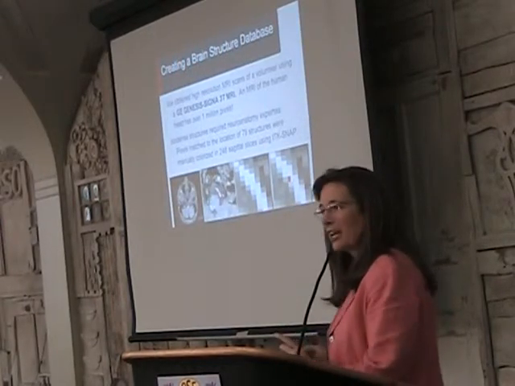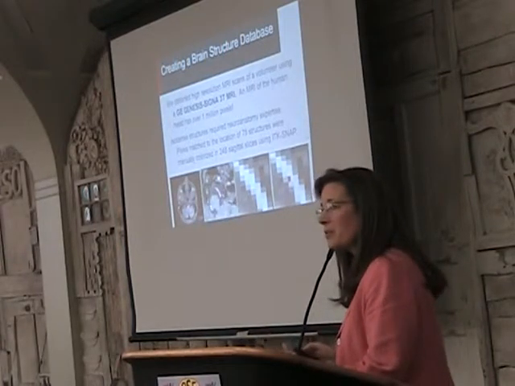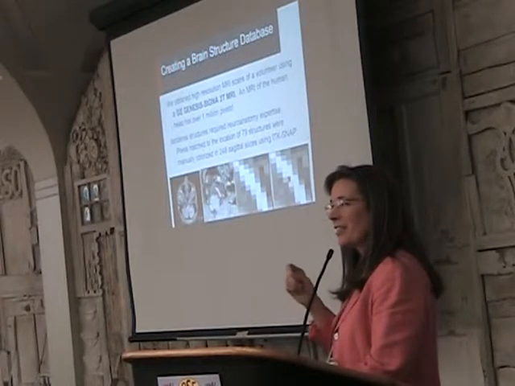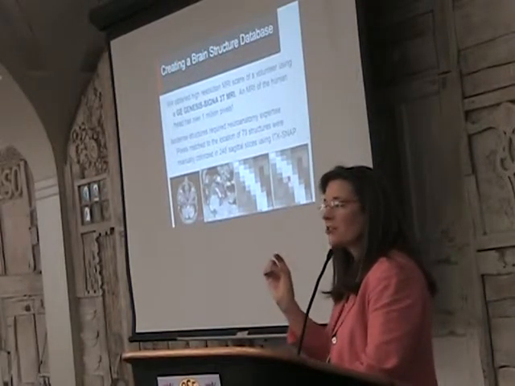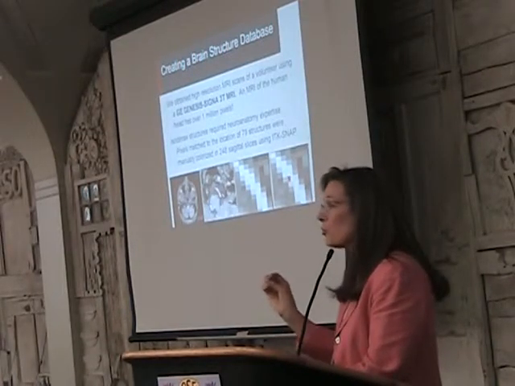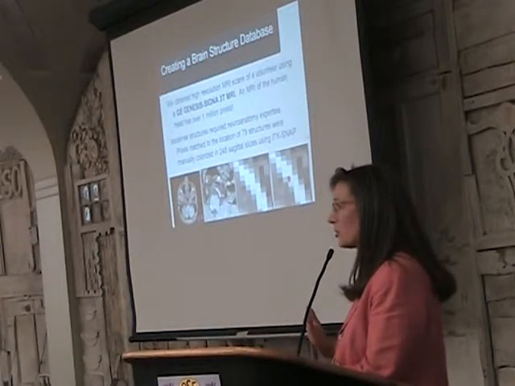And this is the reason I think that nothing like this had been done before that we were aware of at the time, is because not just anybody can segment these structures. They're isodense, that is, they don't stand out from the neighboring structures. They're too small to be visualized or too gray to be visualized on the MRI.